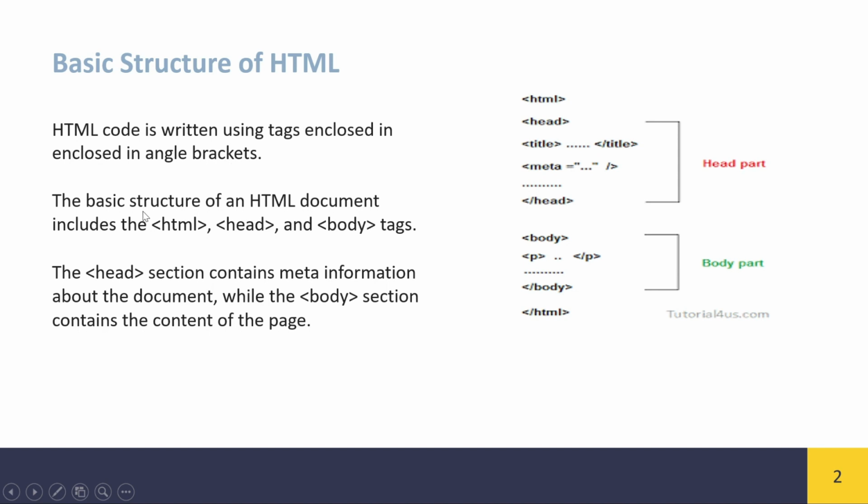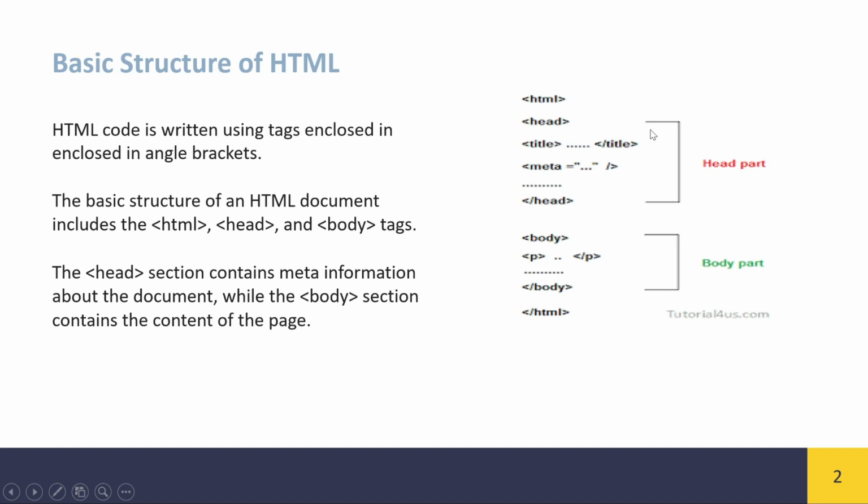The basic structure of an HTML document includes the HTML tag, head tag, and body tag. The basic structure definitely needs the HTML tag, head tag, and body tag. Within this body tag, we will develop our web page.